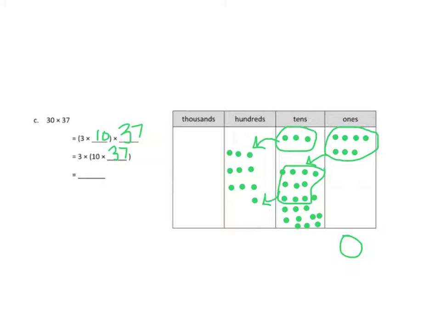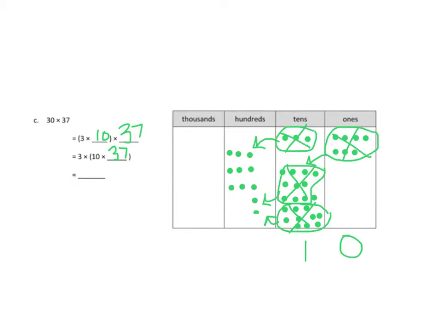So we're going to put that chip in there, and then we need to regroup again. So we have to regroup all but 1 because we had 11 left over. So there's that chip. So now we need to bring down just the 1 because it's all we have left over, because that's gone, and that is gone.